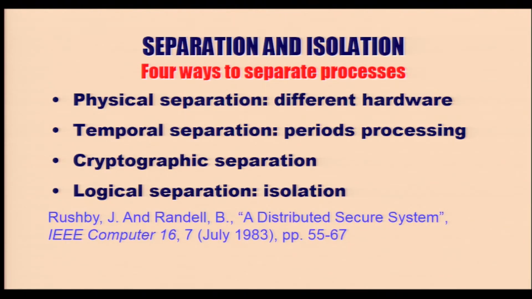Physical separation, different hardware. People who have pairing violations in a strong manner should use different hardware. Temporal separation, some people will work in the morning, some people will work in the evening. Cryptographic separation, logical separation. Today we have the same infrastructure being used by different people in a different manner. Some people are capable of taking you to the 3rd floor, some to the 8th floor.